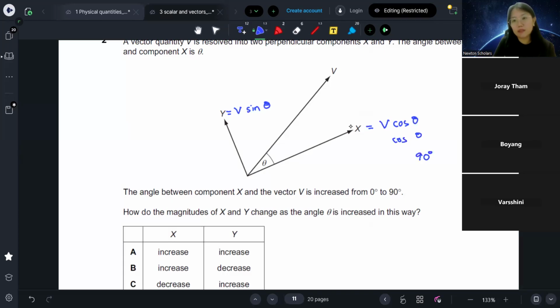So you find out: it should be starting small or big, and until the end at 90 degrees, it should be big or small. So should X increase or decrease? Should Y increase or decrease? Cos decreases, sine increases.